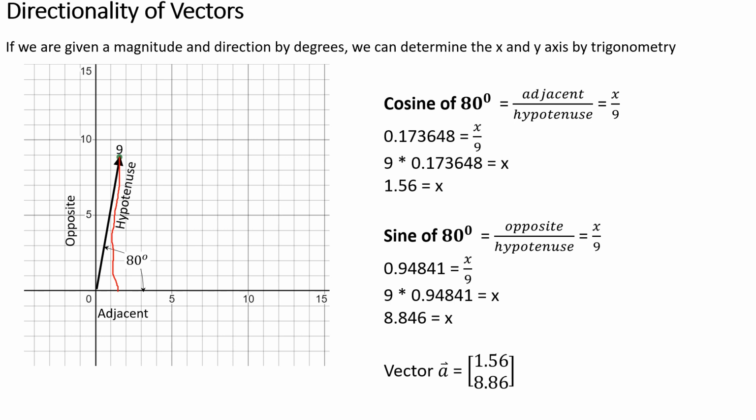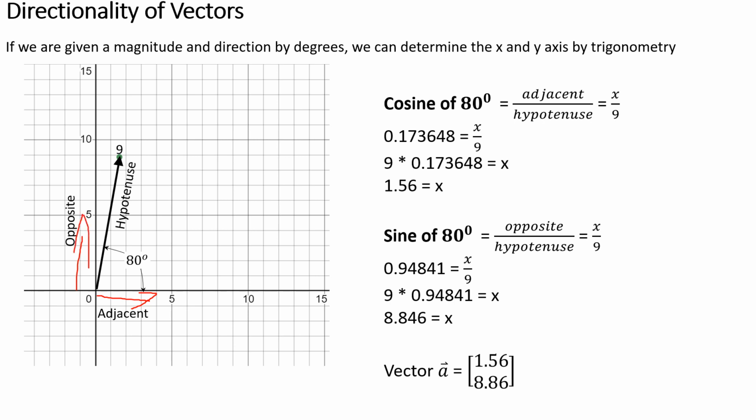There's my right angle there. I can determine the x component and the y component of this vector, which has a hypotenuse of 9. Remember, the cosine is along the x-axis, and the sine is along the y-axis.